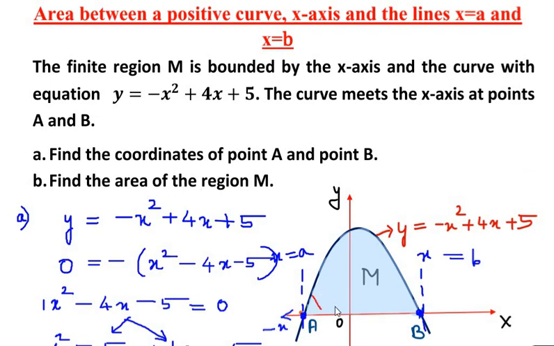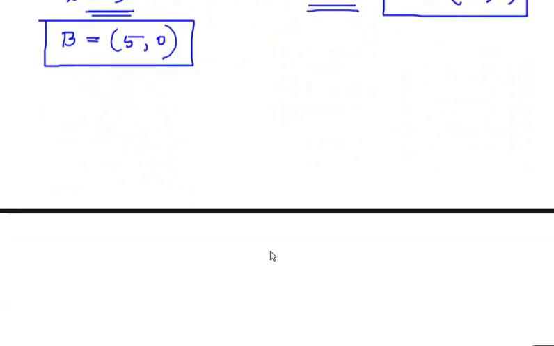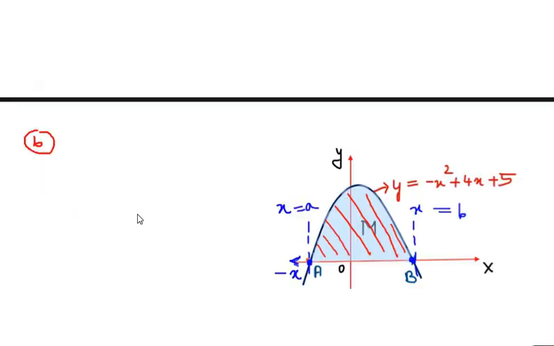Now this is the region we are going to concentrate on, and we have to find the value of this region. For that we have to use integration. So let us come over here. This is for part B, and let me draw the diagram again. Okay, this is the diagram.